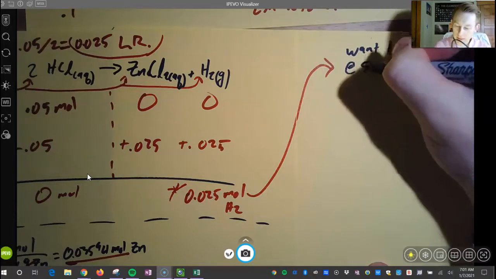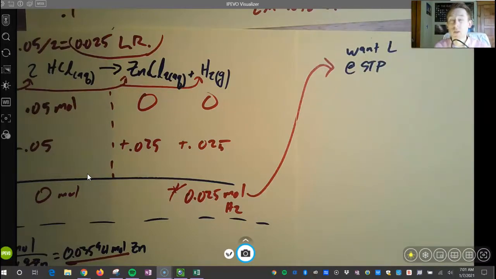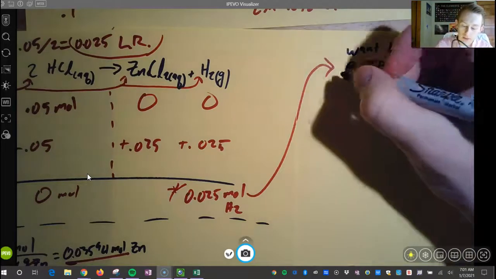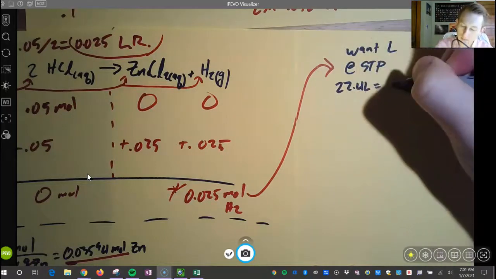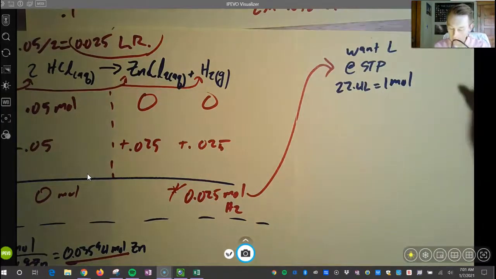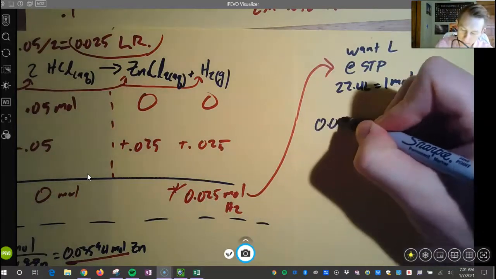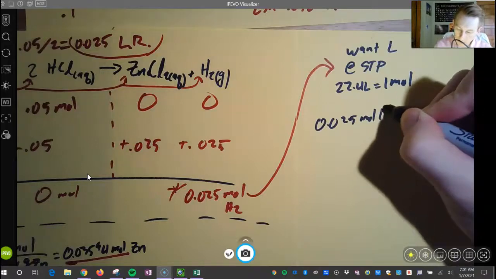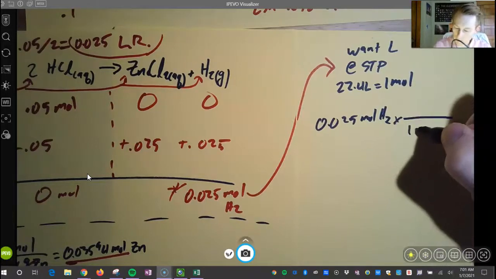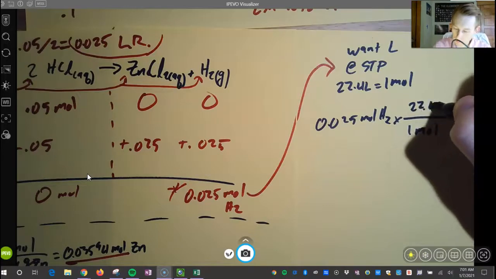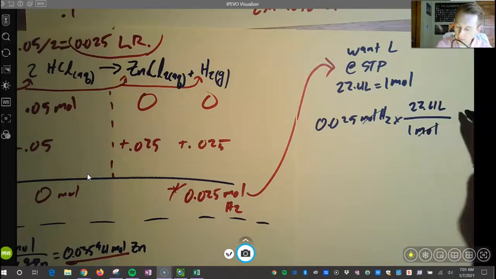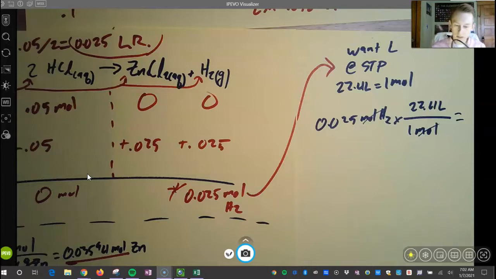And we're at STP because the problem said that we had 273 Kelvin and 1 atmosphere, right? So we're going to use this. Okay, so we're given this. Moles go away. And so then I end up with this.